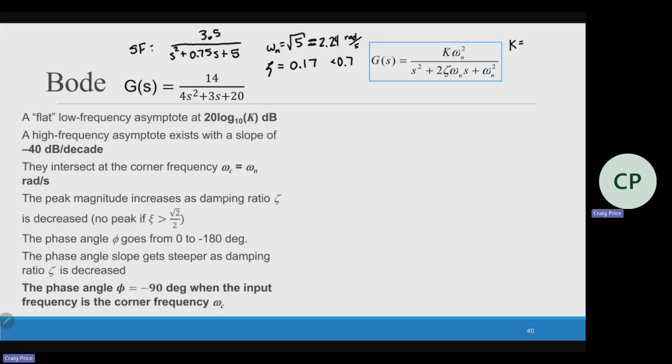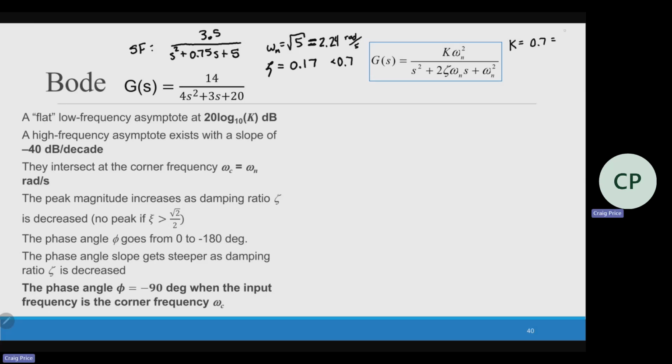Did anyone get a K value? 3.5? 17.5? We're getting farther away. 0.7, that's correct.